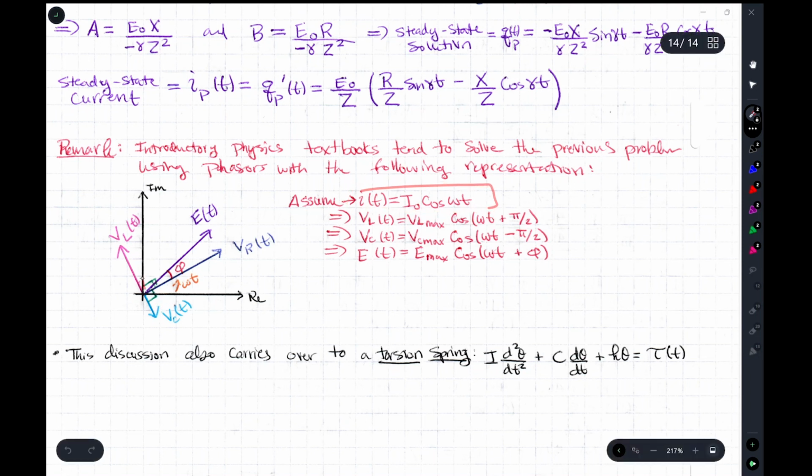And the potential difference across the resistance is proportional to I, which is represented by this phasor. The inductor is 90 degrees ahead. In the capacitor, the voltage across the capacitor lags the voltage across the resistor by 90 degrees.